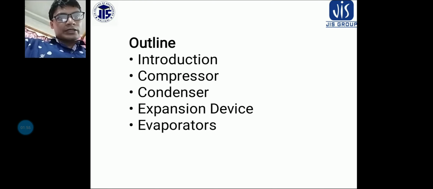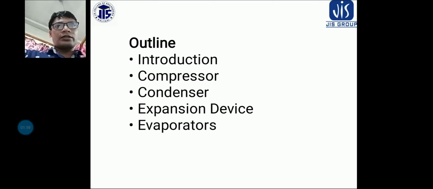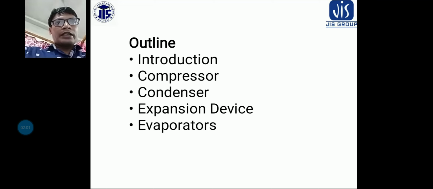Now the refrigerant compressor is basically the heart of the vapor compression system. Without a compressor, a vapor compression refrigeration system cannot be operated. It pumps and circulates refrigerant through the system, just as the heart pumps and circulates blood through the body.